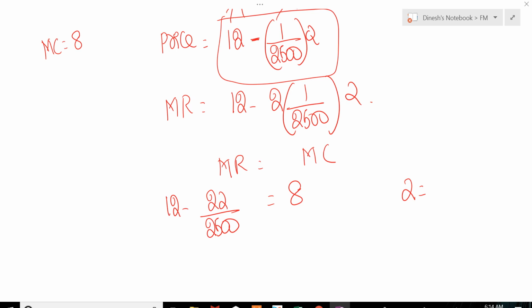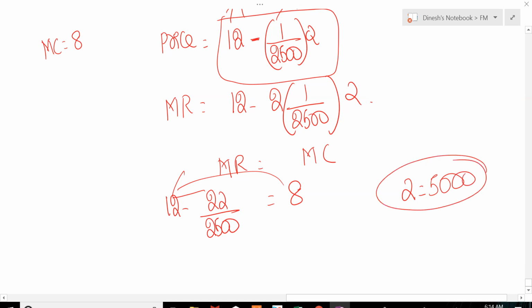Q is equal to how much? 5,000, no? 12 minus 8 will become 4. 4 into 2500 is 10,000 divided by 2. So Q is equal to 5,000.